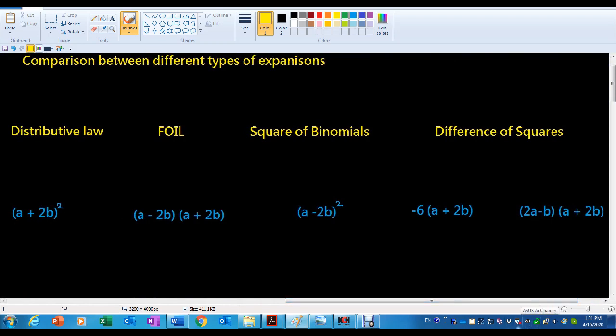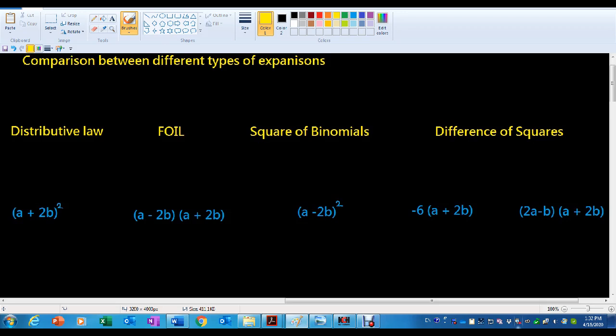Okay, year 10 maths. If you have tried practice 1 and you got most of them correct, you know how to do them, then it's time for us to do a bit of revision of all the expansions we have learned. That's what we call a comparison between the different types of expansions we have done.